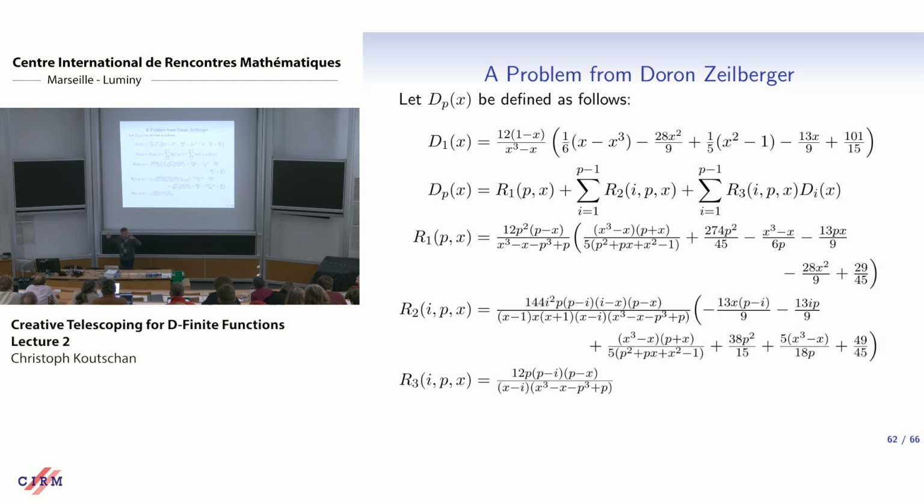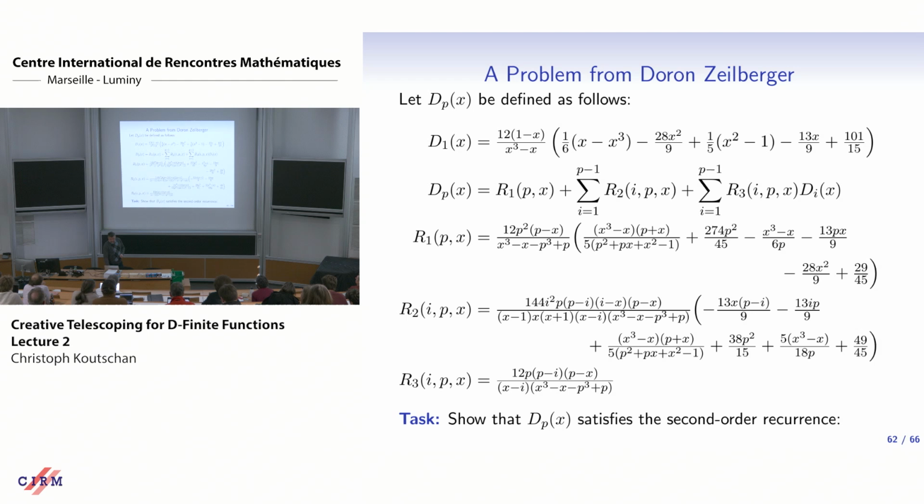Okay, so we studied this sequence, and Doron has guessed a nicer recurrence. I mean, you could say this is a recurrence, but it is not a recurrence of the form that we like. It's not D-finite because it doesn't have finite order. Right? We need to take all the values down to p equal 1.